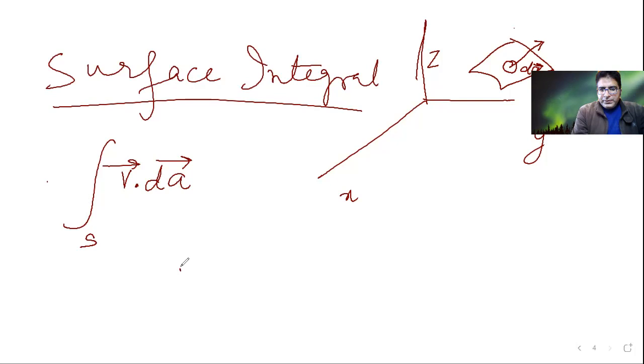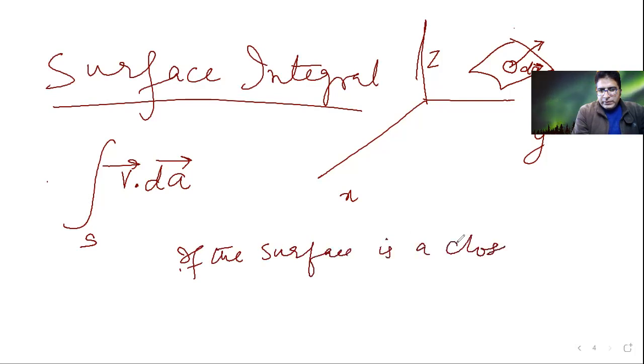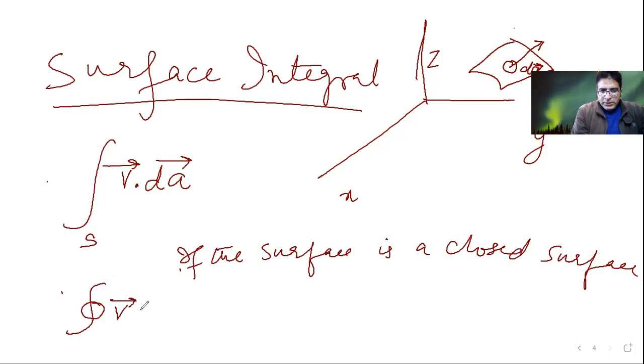And if the surface is a closed surface, then we write a small circle on the integral, which means that we are integrating the surface integral for a closed surface.